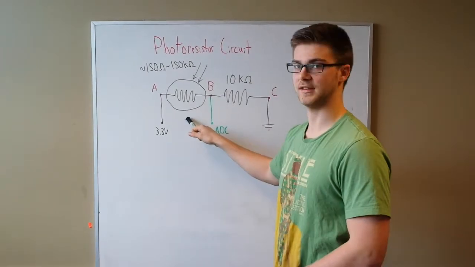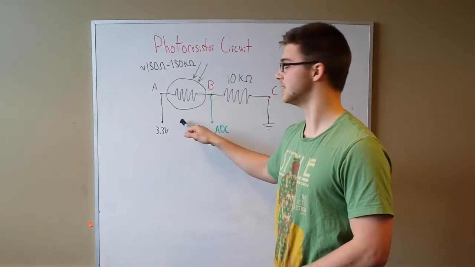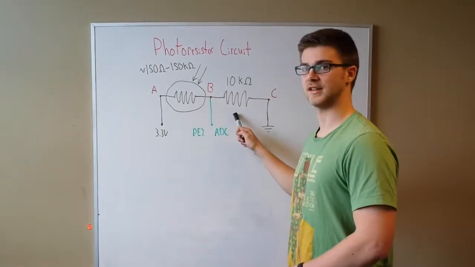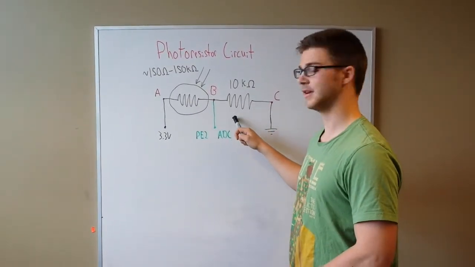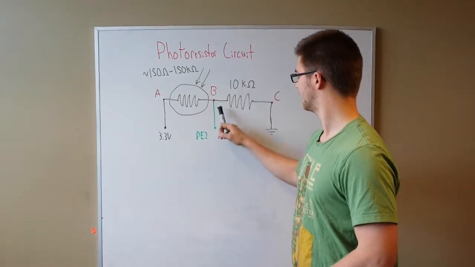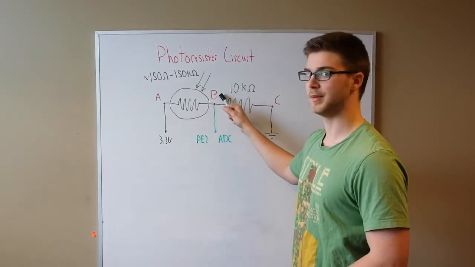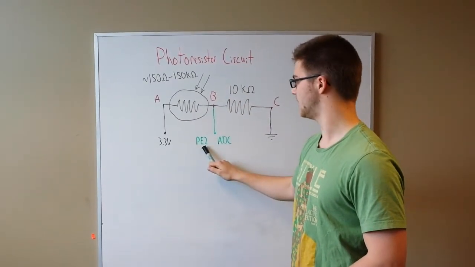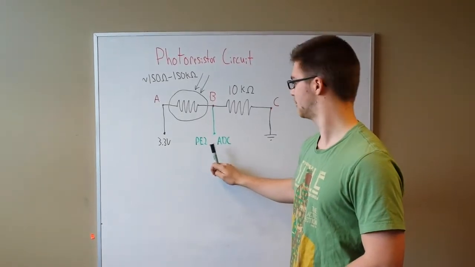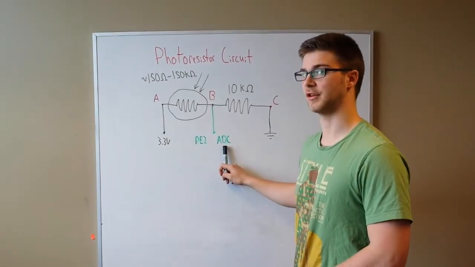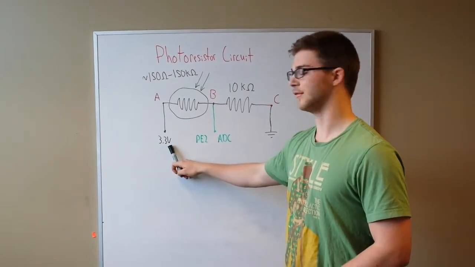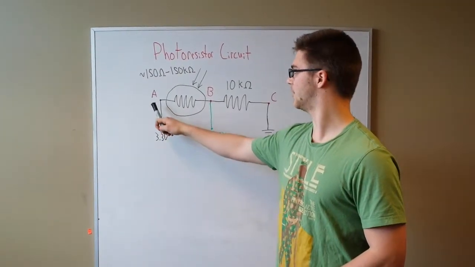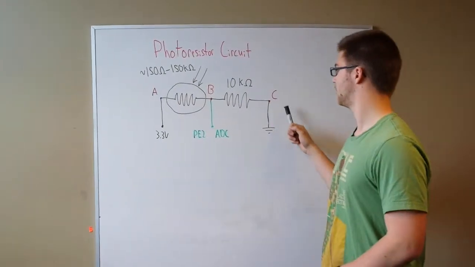As the resistance of the photoresistor changed with the brightness, the voltage across the 10,000 ohm resistor would change. We measured this by connecting node B up to pin PE2 on our TIVA board, which we had configured as an analog to digital converter. We attached the 3.3 volt pin on the TIVA board up to node A and grounded node C.